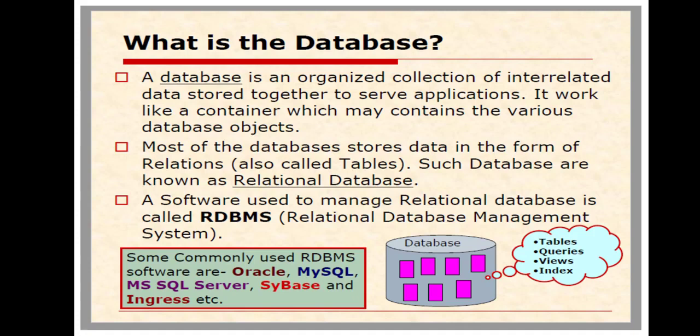Some commonly used RDBMS software are Oracle, MySQL, MS SQL Server, Sybase and Ingres. These are some of the softwares which will help you to create this database, and that software is called RDBMS. Now let us move on to the next slide, children. I hope you have understood these three points.